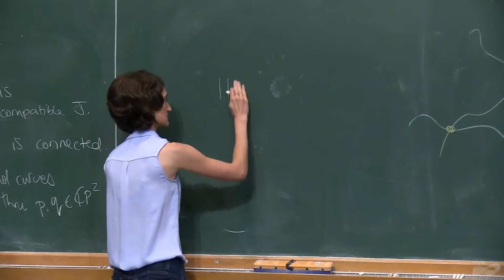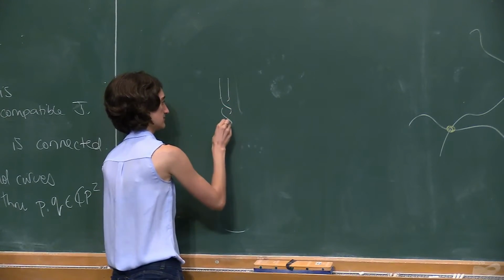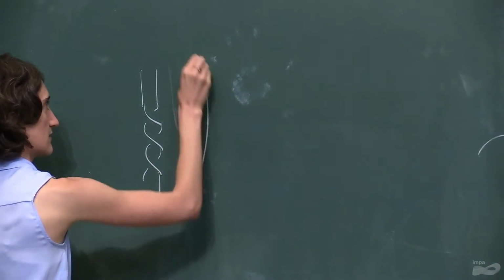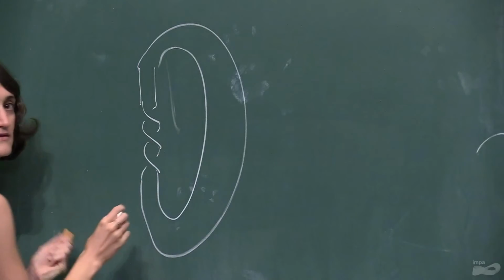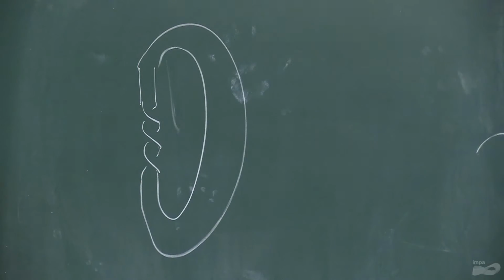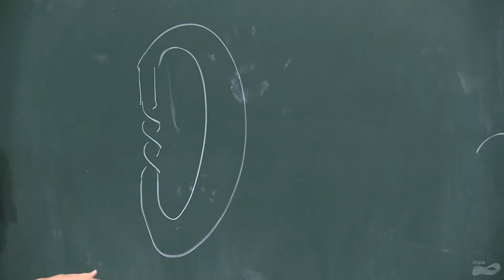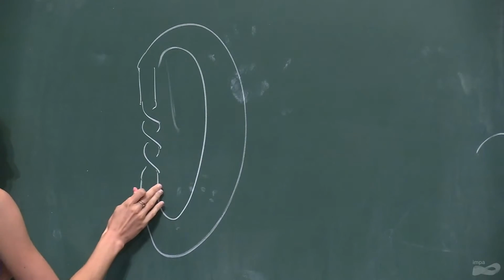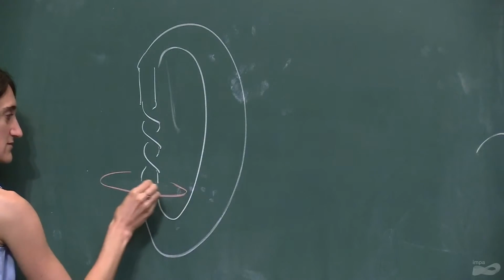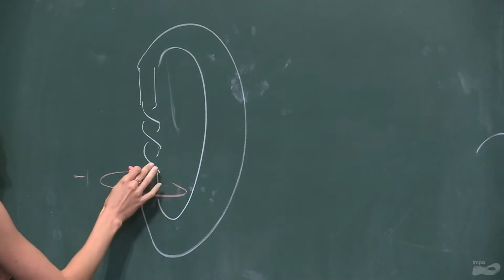So I guess what I want to do, if I'm doing a trefoil, so I draw my torus knot as a braid, and then the effect of a blow up on the braid is I sort of do this blow up, and then I get to undo one full twist.